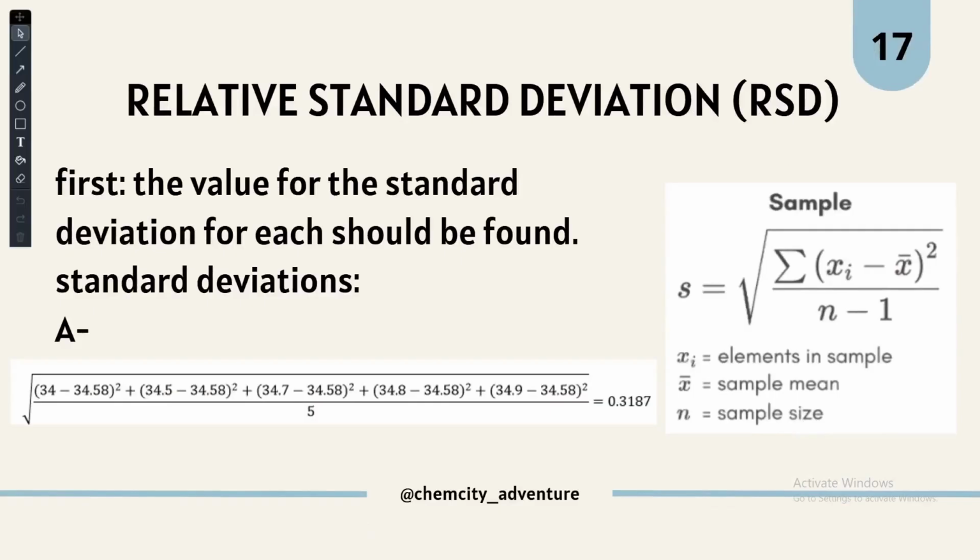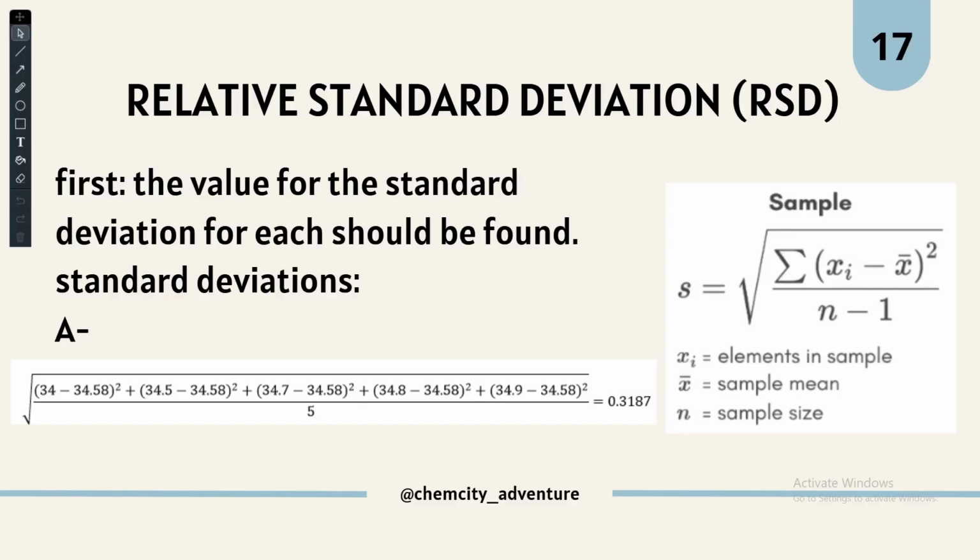So relative standard deviation. Pros: well, it's more accurate. What do you need more? And cons: it's time consuming again, and it's a little bit harder to calculate. Again, these steps. First, the standard deviation for each should be found, and as you see, I have calculated them.